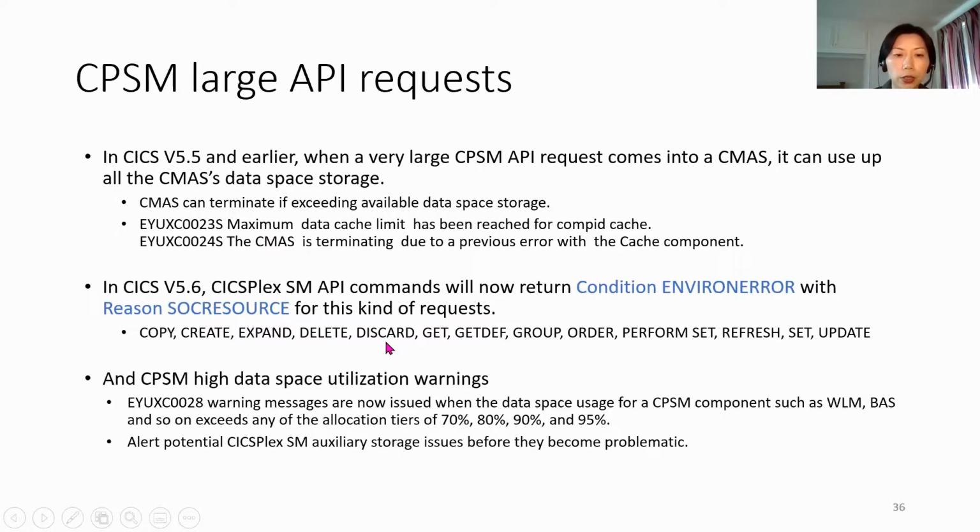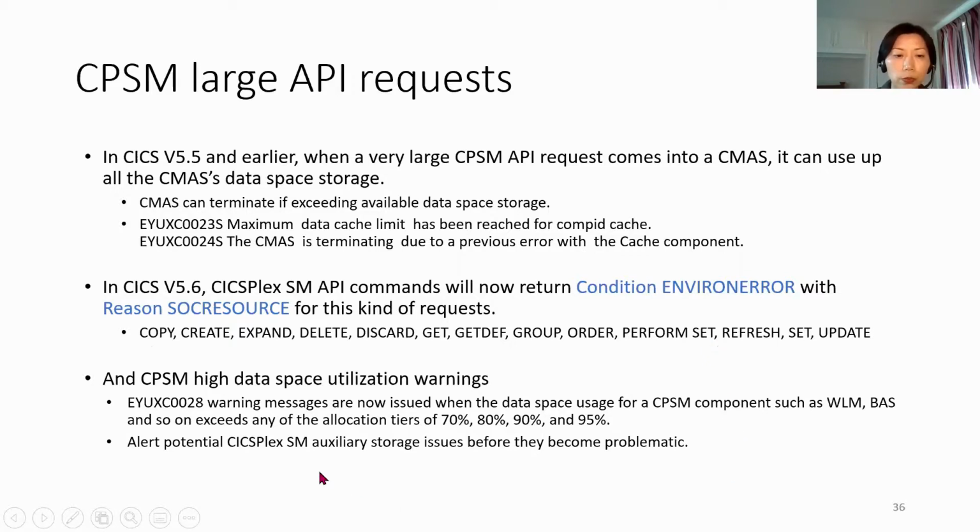So for the 5.6 version, if an API command comes with a large API request which can cause the CMAS to be unable to provide enough storage, that API request will fail with a condition called environment error, with a reason of SOC resource, for those kinds of large requests. So this applies to the CPSM API request, which is showing on this line.